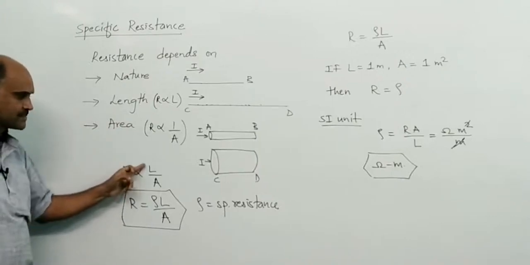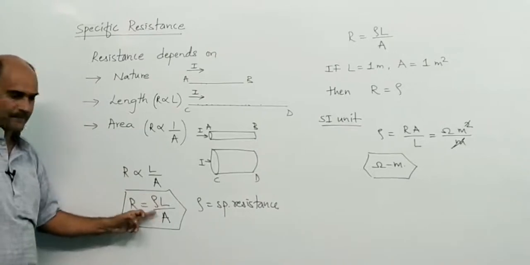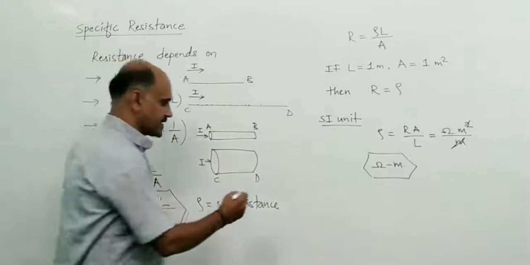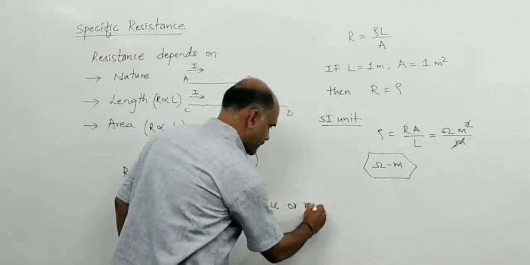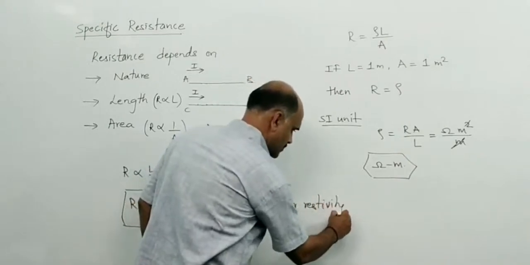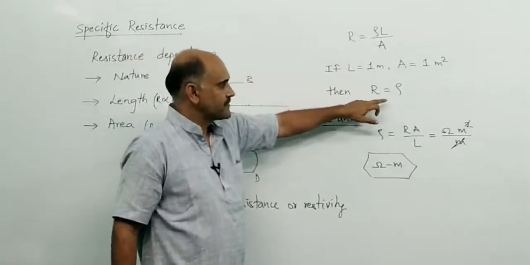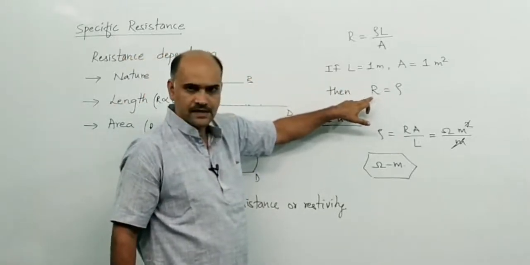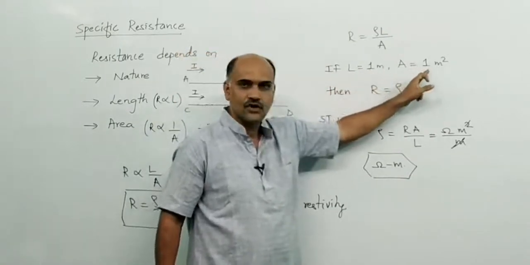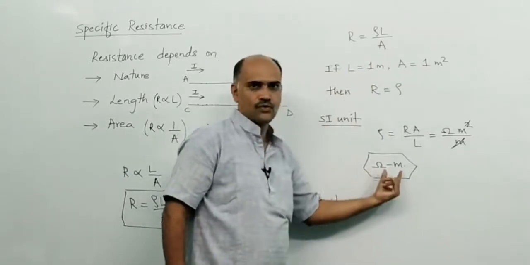So you can say R is proportional to L by A, or R is equal to rho L by A, where rho is called specific resistance, or resistivity. How do you define specific resistance? It is the resistance offered by a conductor of length 1 meter and cross-sectional area 1 meter square. SI unit is ohm meter.